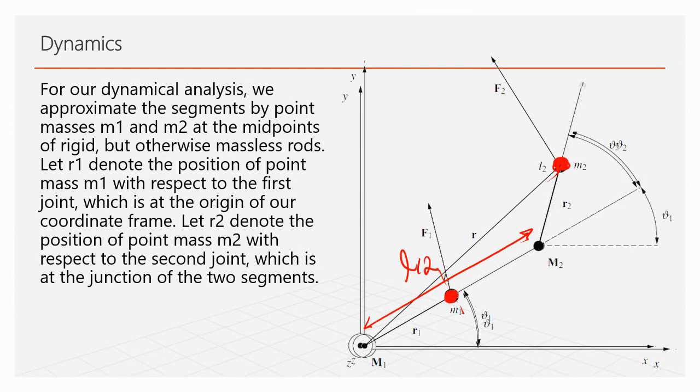So in this case I have very light, massless links like this, like this, and this, with masses located in the center of each link. So why are we doing this? For simplicity.